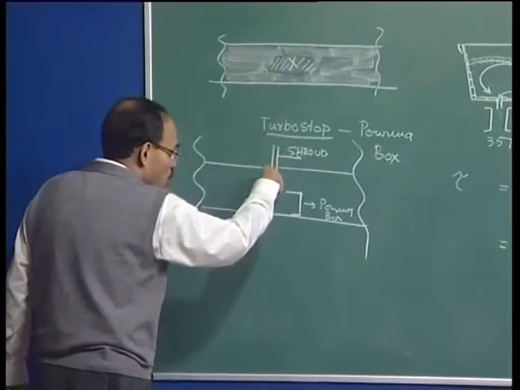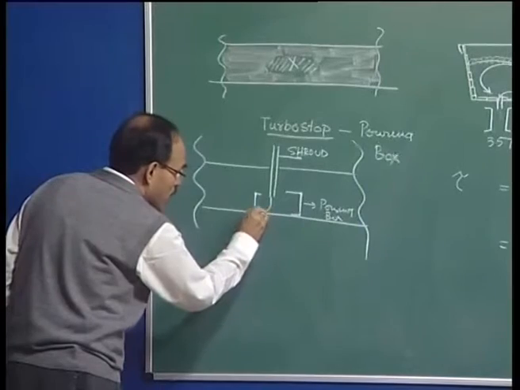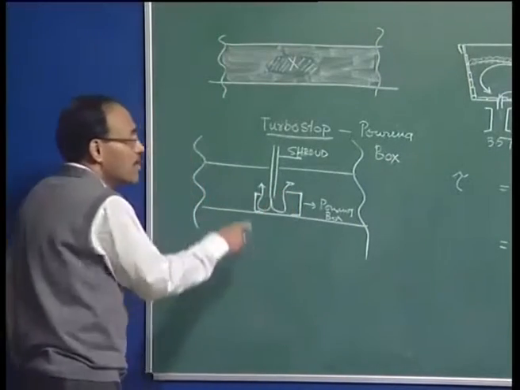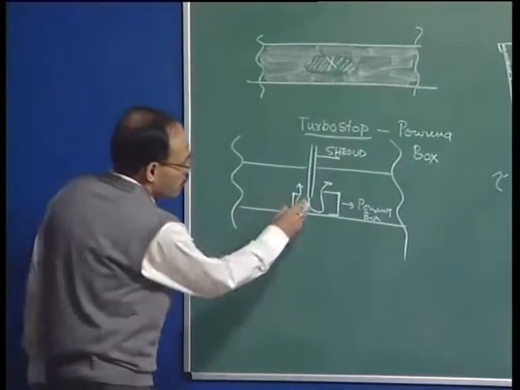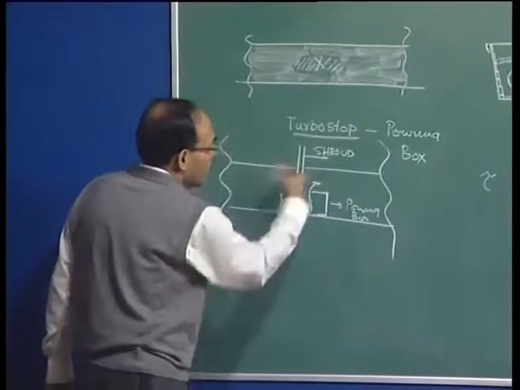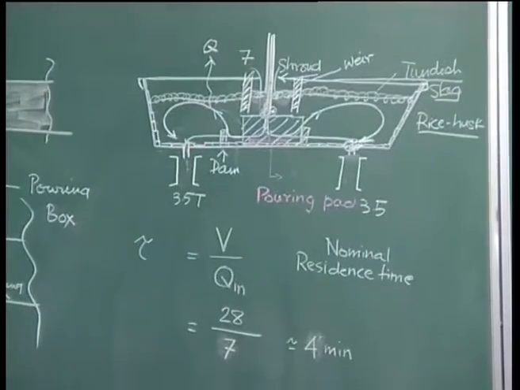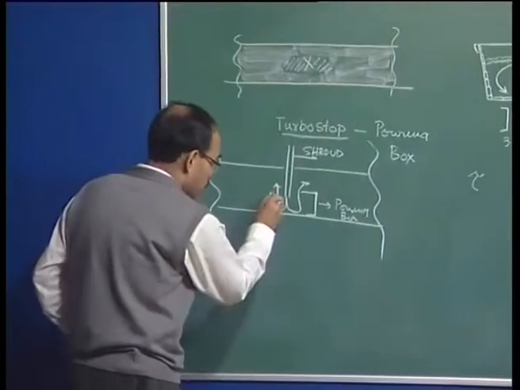So the material is now discharged not within the tundish, but within the box. The material comes here and then goes out something like this. It also creates some amount of upwardly directed fluid motion. So the placement of a turbo stop can create surface-directed flow.